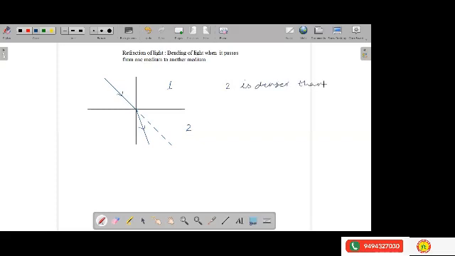We also call this the optical density. The optical density of 2 is greater than 1. The optical density of a substance is measured with the help of the refractive index. In the last class, we also discussed the refractive index. What was the formula?